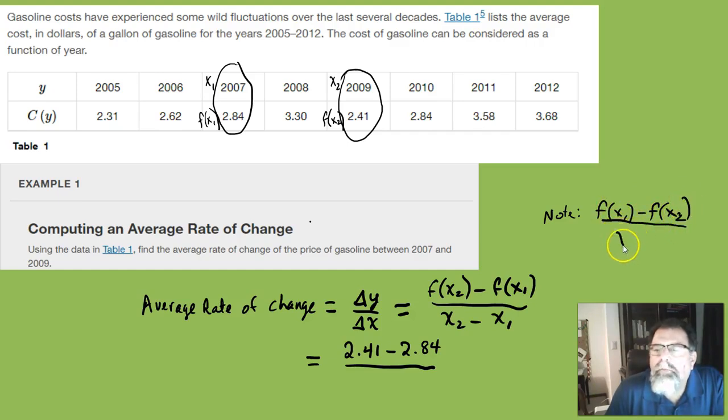You've got to switch both of them, so x sub 1 minus x sub 2. So if we're calling this point 2, we're going to do 2.41 minus 2.84, and on the bottom we're going to do 2009 minus 2007.